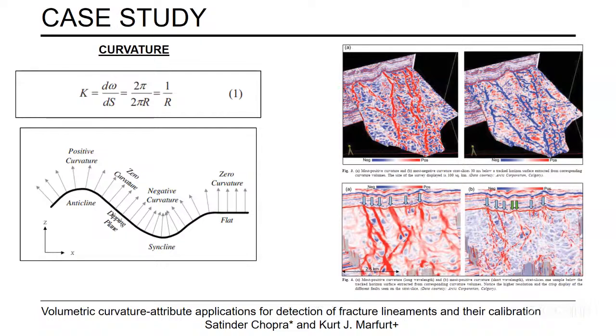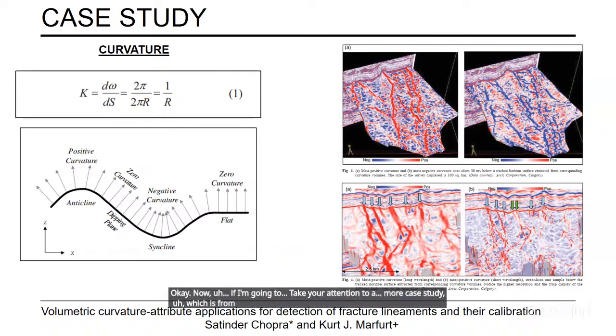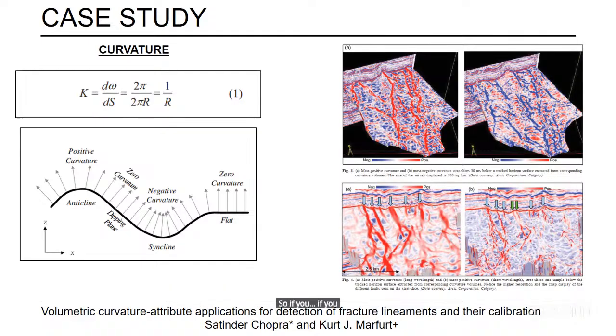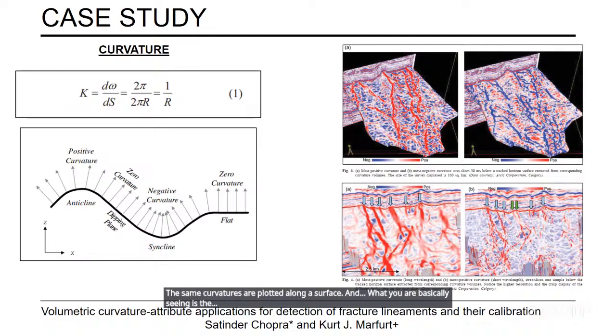Now, I am going to take your attention to another case study, which is from Calgary. If you look on the right, the same curvatures are plotted along a surface, and the blue over here is negative and the red is positive.